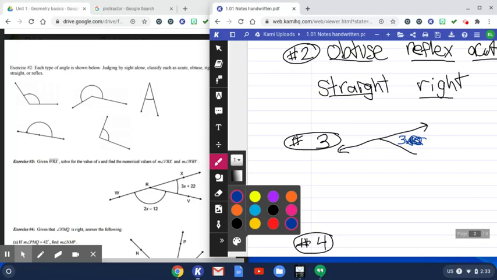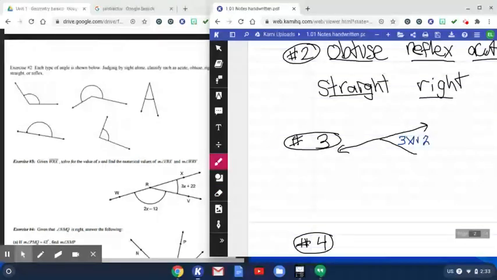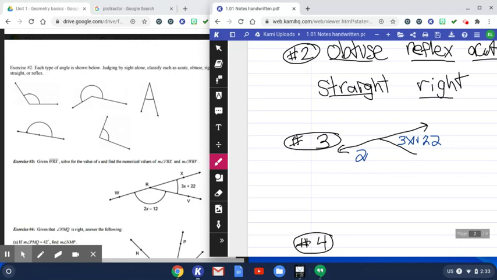Again, sorry about the handwriting. Let's see if I use a different something. There we go. 3x plus 22. And the other one is 2x minus 12. Again, I think I'm delaying as I'm trying to write here.